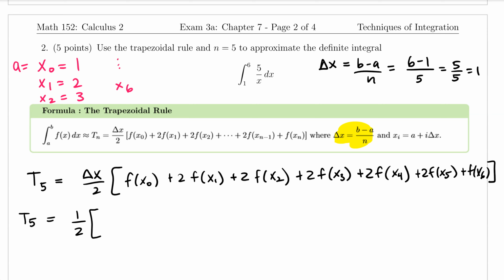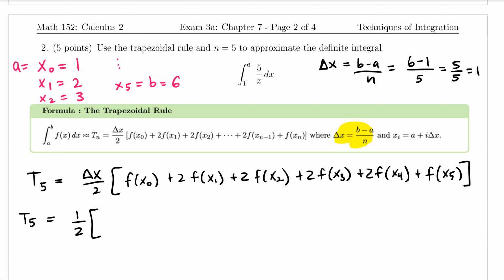I'm realizing there's an error here. I added one too many x values. So that should be f of x sub 5. Okay, so x sub 5 is going to be our b value, which in this case is our upper limit of integration, and that is 6.